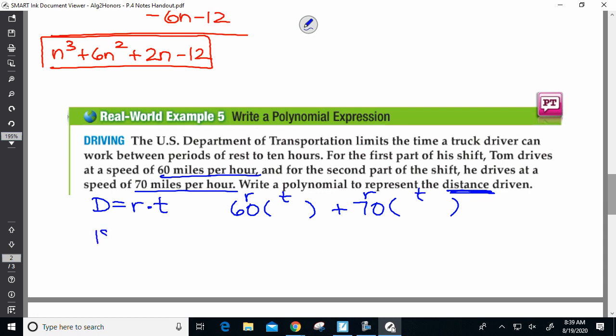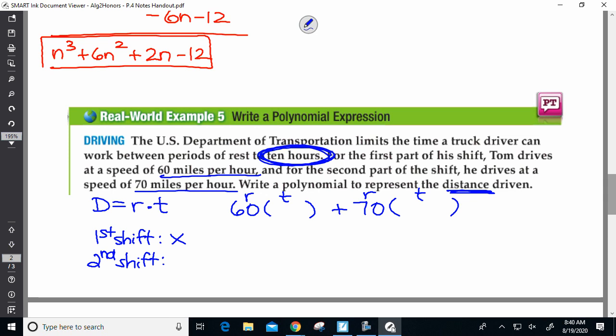So your first shift, we don't know how long his first shift was. If we don't know how long something is, in algebra, we give it a variable. x. If you want to use t, that's okay. Now, for the second shift, they told us that they can only work 10 hours.